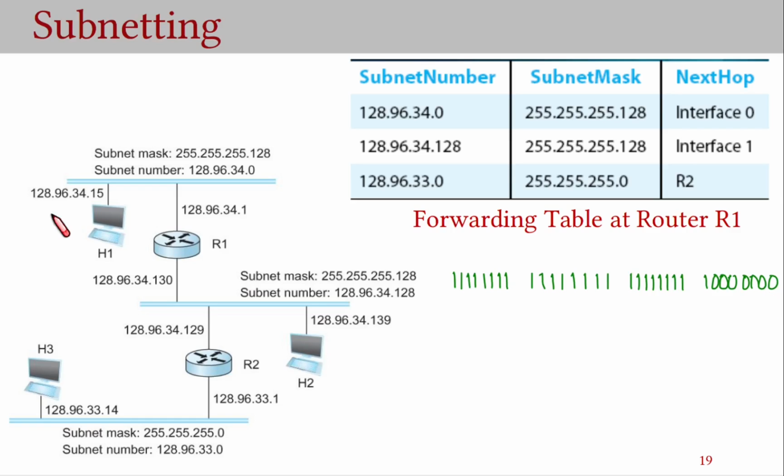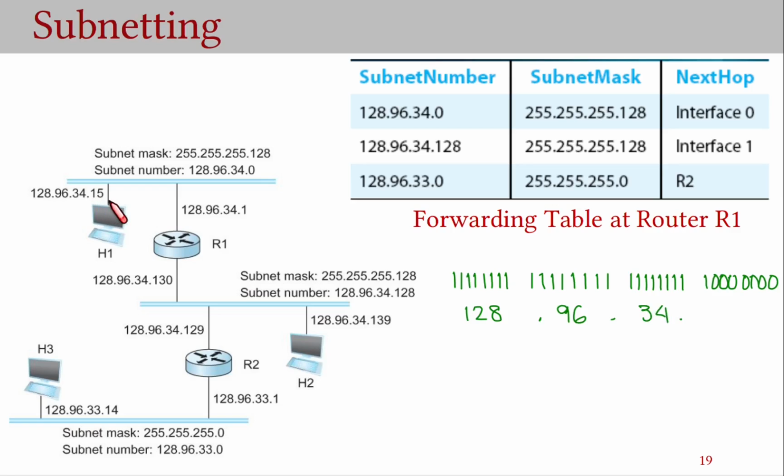Now if we AND this mask with this IP address, then for the first byte we are going to get 128 back, because whatever the number is, if you bitwise AND with 1, you're going to get that number. Similarly, 96 and 34.